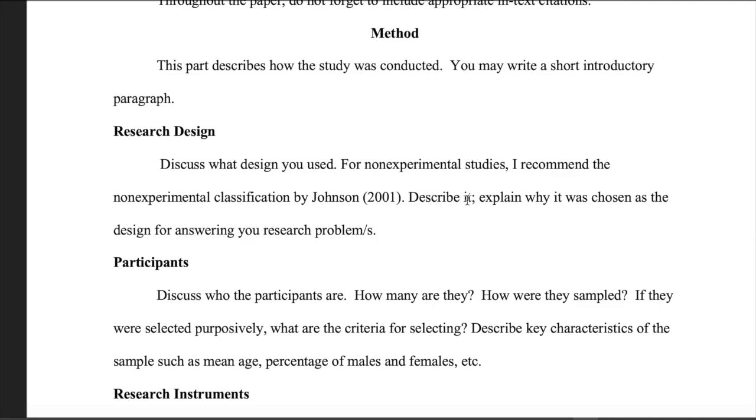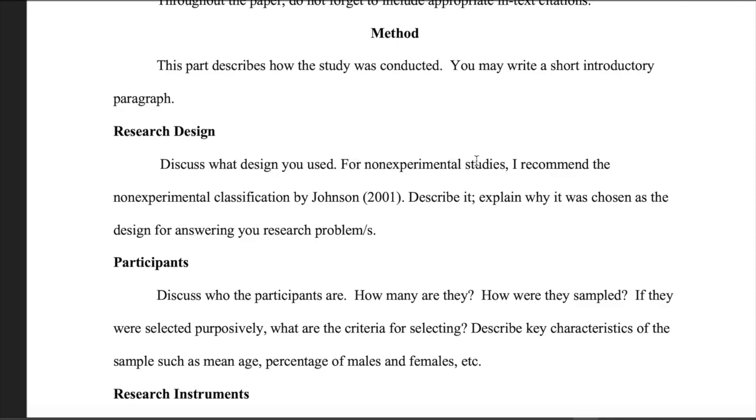If you're doing a qualitative study, then this might be grounded theory, interpretative phenomenological analysis, consensual qualitative research, descriptive qualitative.